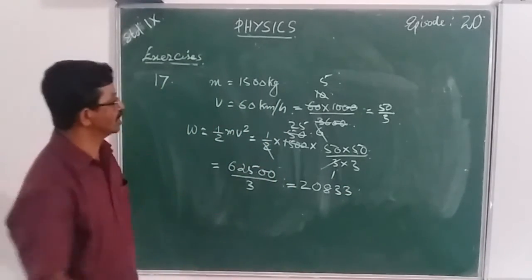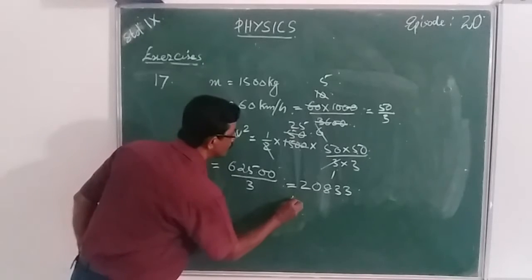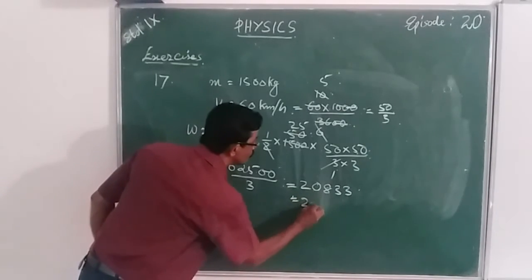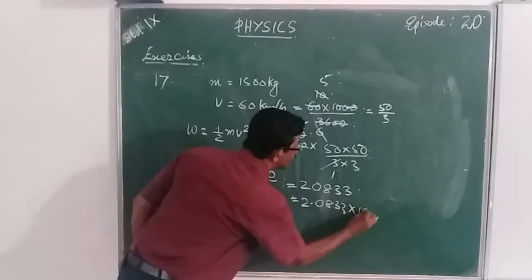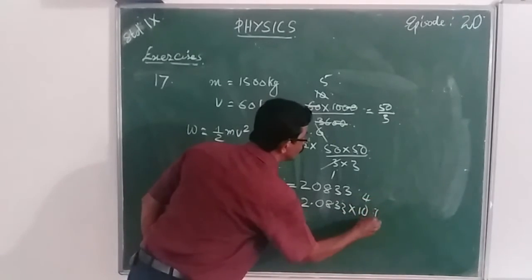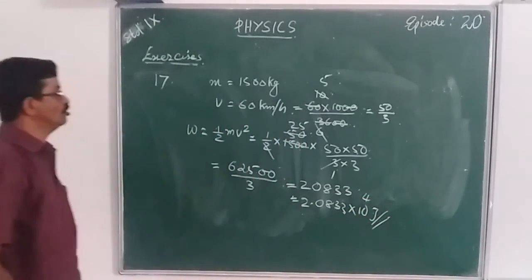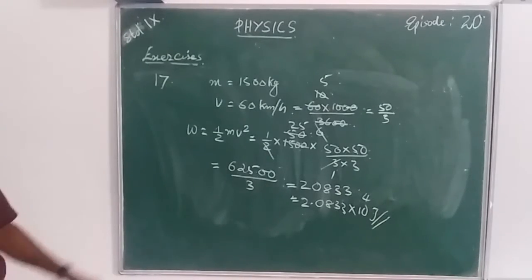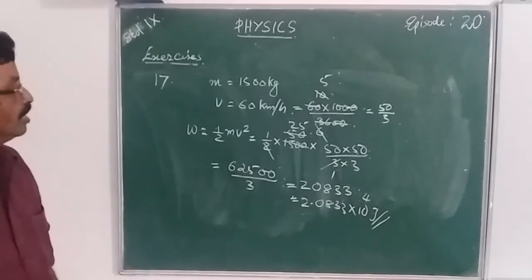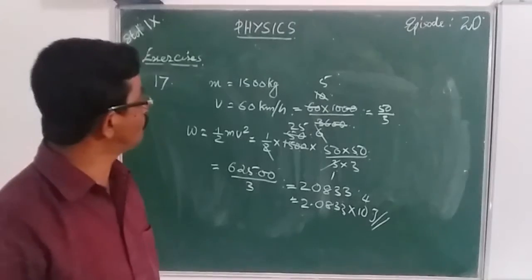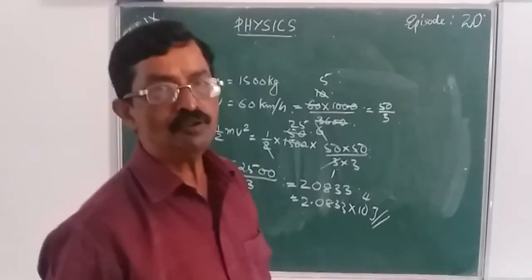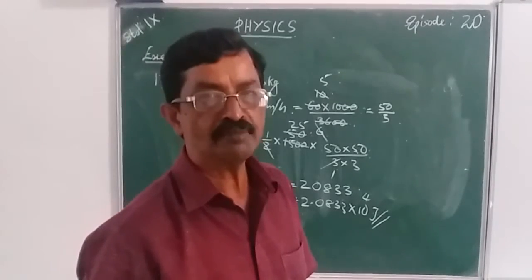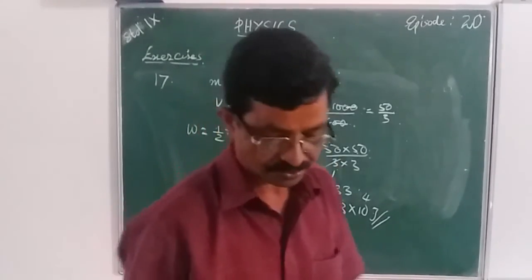That means it will come as 2.0833 into 10 to the power 4 joule. This is the amount of work we want to do. That much work we want to do in order to bring that body to rest.